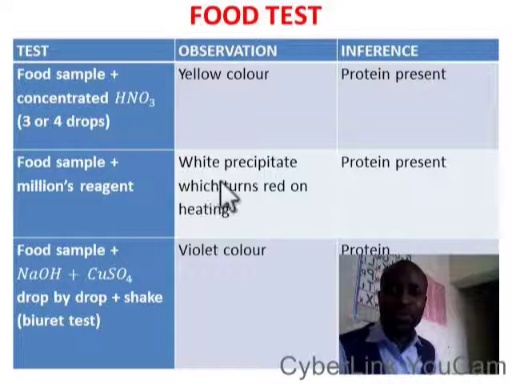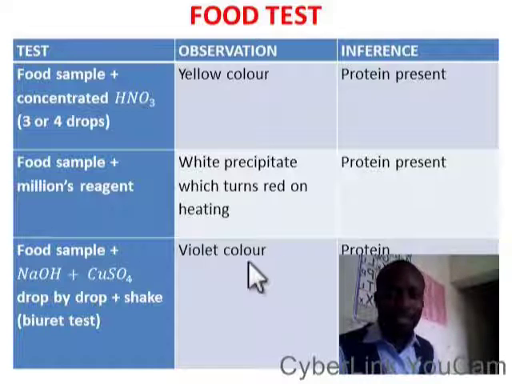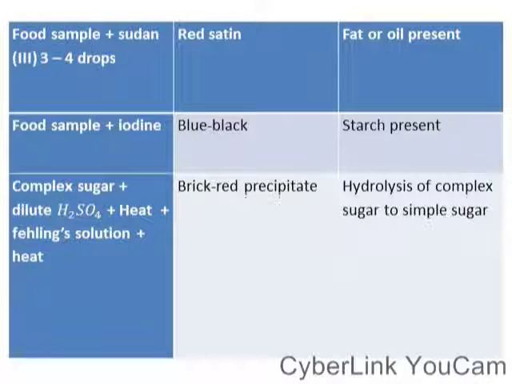Just add it, you have a white precipitate, which turns red on heating. Protein is also present. Food sample plus sodium hydroxide plus CuSO4 drop by drop plus shake, that is the Biuret test. You see violet color, it shows the presence of protein as well.